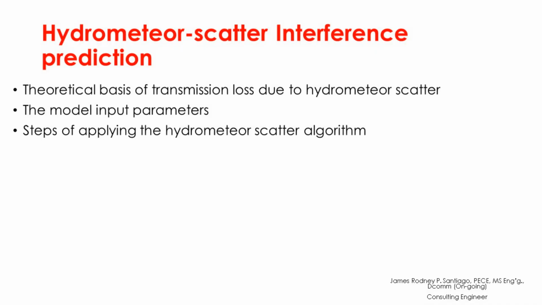Plus, this 452 recommendation takes into consideration hydrometeor scattering interference, and the impact of moisture and rainfall on your propagation. The increase in the volume of water from the rainfall increases the dimension of the raindrops, which impacts certain frequencies of operation.